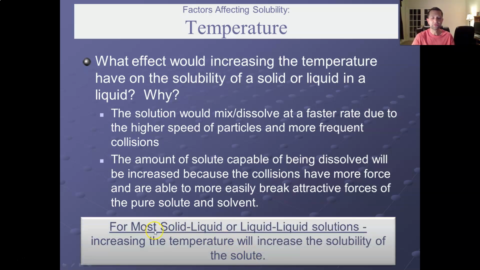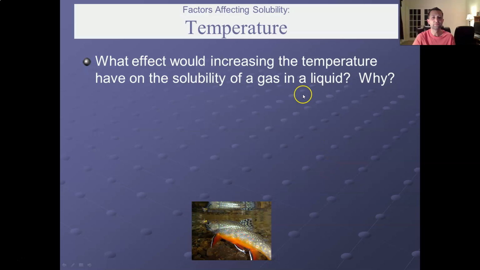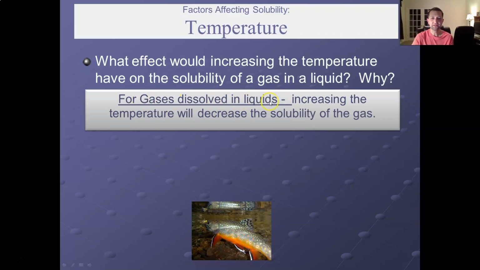Okay, so general rule for most solid-liquid or liquid-liquid solutions, increasing the temperature increases the solubility. What effect would this have on the solubility of a gas, though? This is the opposite. So for gases dissolved in liquids, think of carbon dioxide dissolved in soda, right? Increasing the temperature will decrease the solubility of the gas.